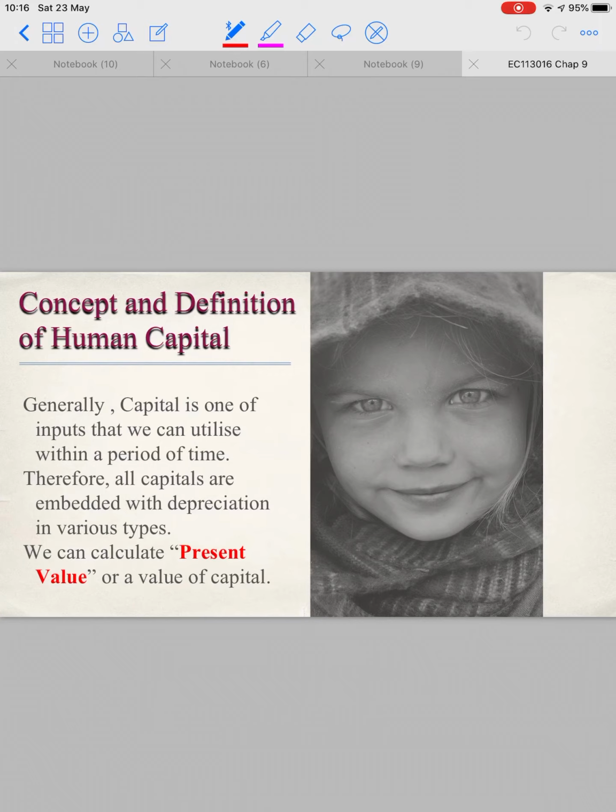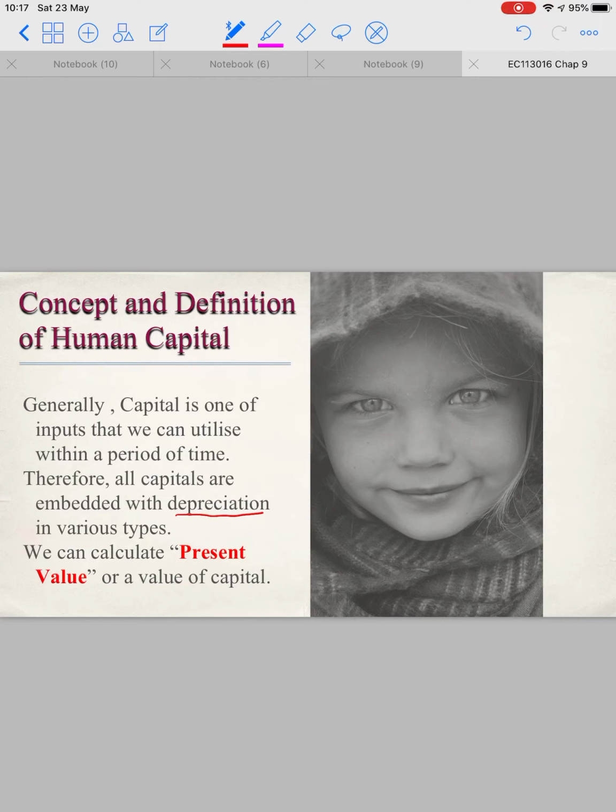The concept of human capital, or definition of human capital. Generally, capital is one of the inputs we can utilize within a period of time. Therefore, all capitals are embedded with depreciation. This depreciation, in various types, we can calculate.